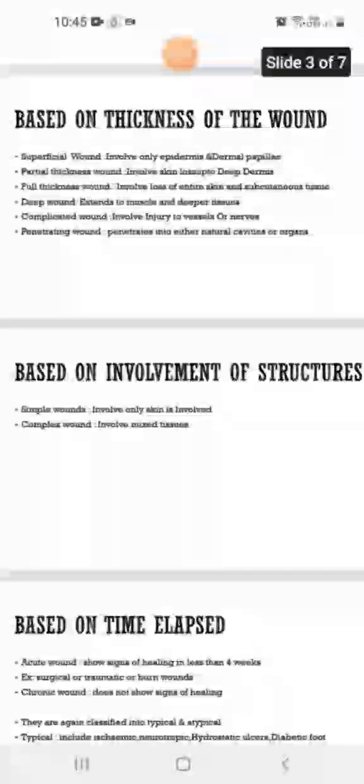Based on thickness of the wound, they are classified as superficial, partial thickness wound, full thickness wound, deep wound, complicated wound, penetrating wound. Superficial wound involves only epidermis and dermal papillae. Partial thickness wound involves skin loss up to deep dermis.